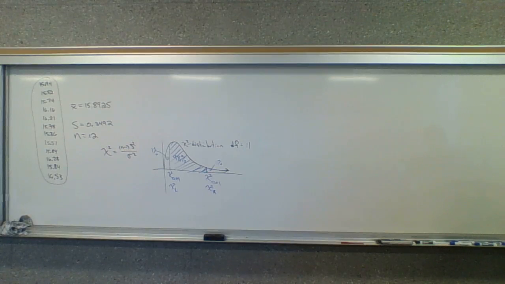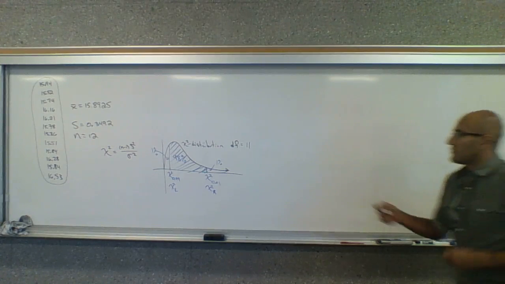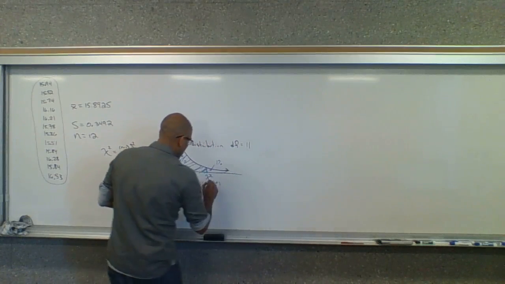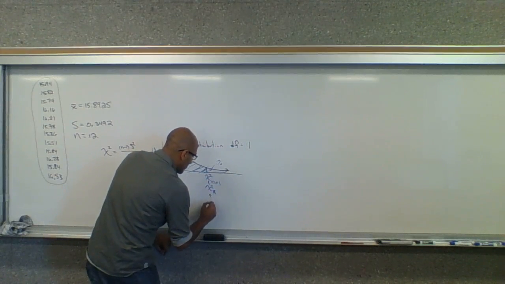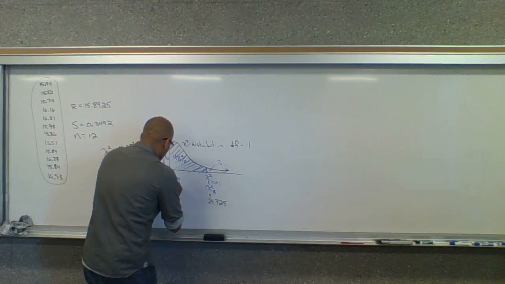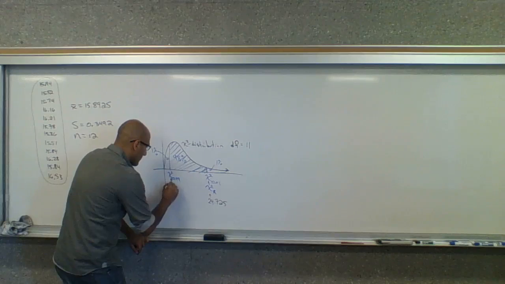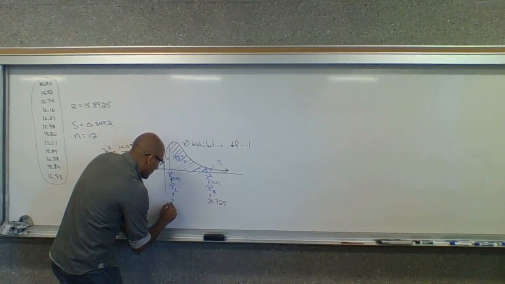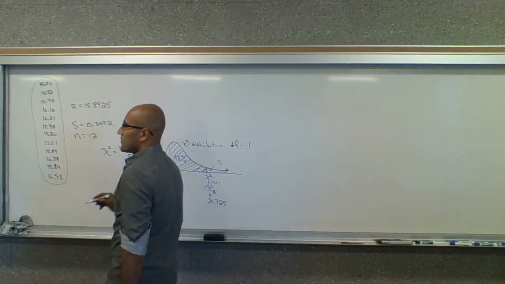So here is 11 degrees of freedom, 99%, and 1% with 11 degrees of freedom at 24.725. So this guy is that guy, which is equal to 24.725. And this guy is this guy, which is equal to 3.053.